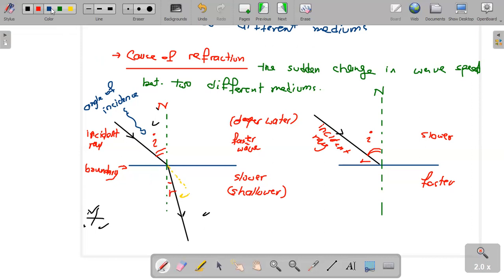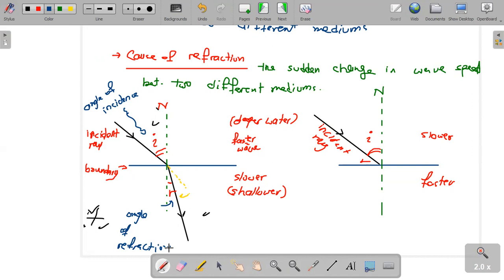R is angle of refraction. جميل جدا. The angle of refraction is the angle between what and what? Between the refracted ray and the normal.